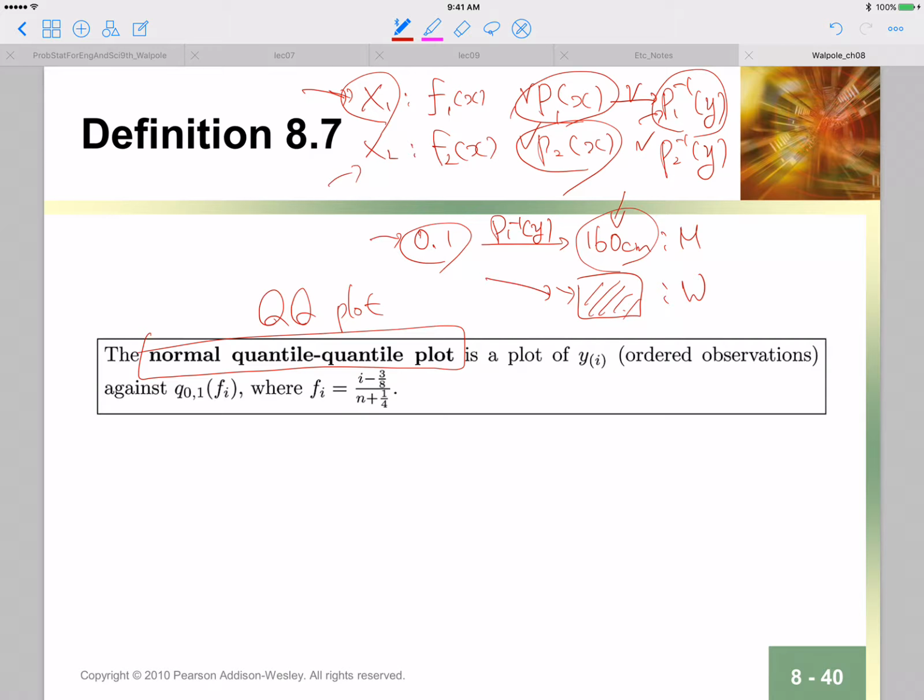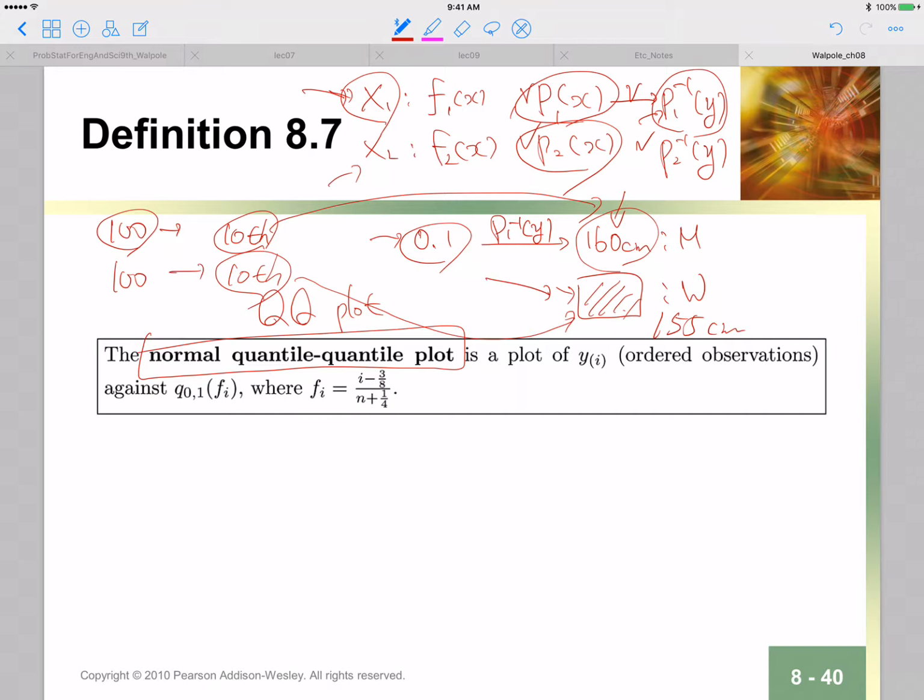Yeah, so let me make the example simpler. You collected 100 men's heights and also 100 women's heights. Then you sort them, and consider the 10th ranked person's height among the men, and also the 10th height among the women. The 10th height is 160 for men, and the 10th person's height for women is some value like 155, for example.